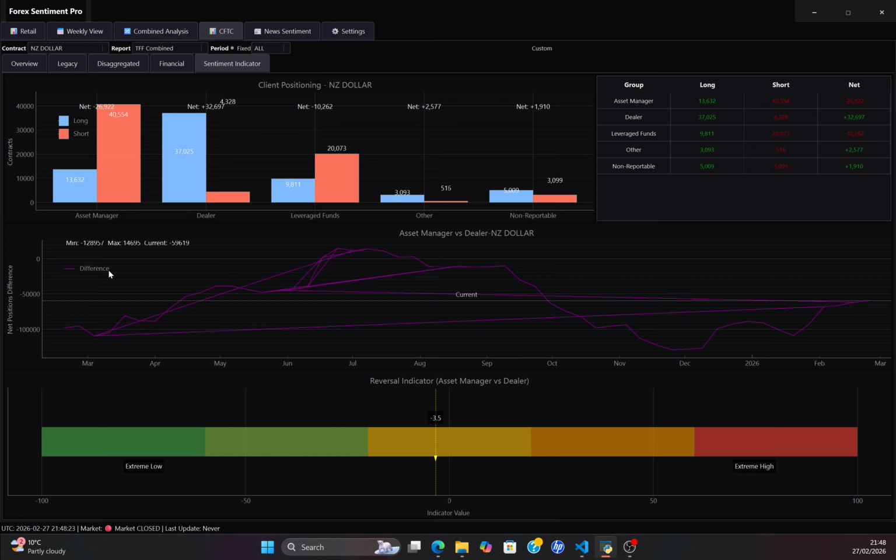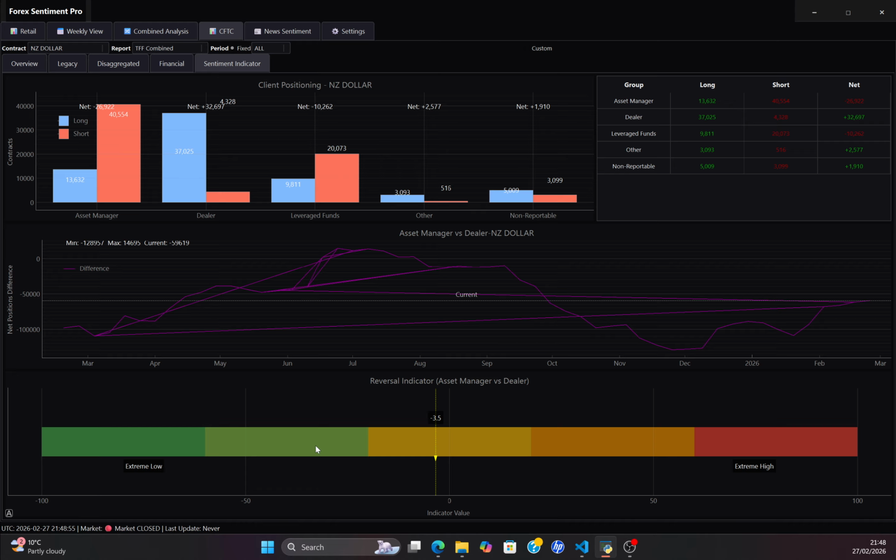Below you have a chart of the difference between the two main ones within the group, asset managers and dealers. At the bottom you have a reversal indicator. Please do not take this reversal indicator as a trading reversal indicator. This is just an insight to show where the contracts, or let's say the groups, are.